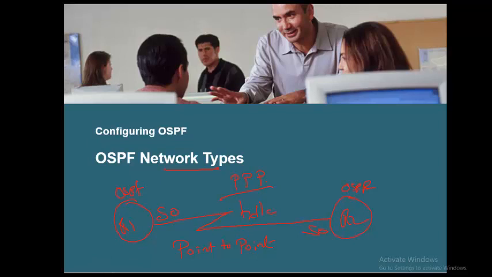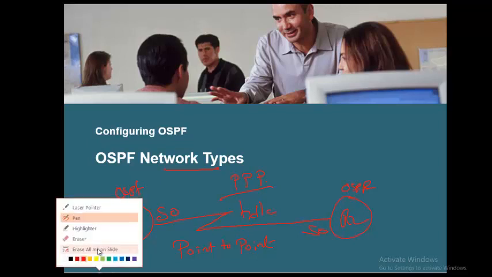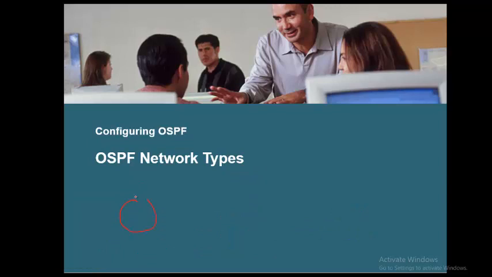In broadcast, there is going to be a DR-BDR election. You see, same router 1, router 2. But this time I'm connecting through Ethernet. Or it can be fast Ethernet also, that doesn't matter.